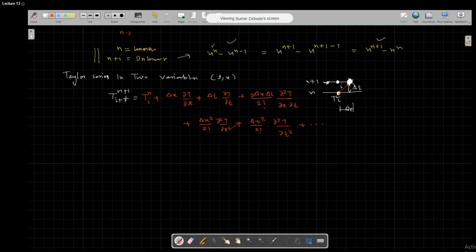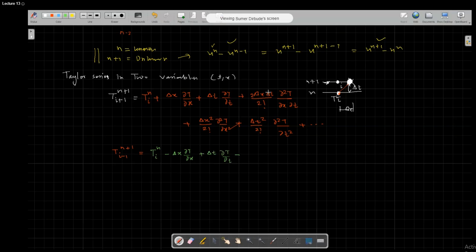Now, suppose any one of these is like this, i minus 1 and n plus 1. Now, this we can write again as Ti n. Now, its delta x is minus, so minus delta x del T by del x, and delta t is still plus, so delta t remains plus, delta t del T by del t.